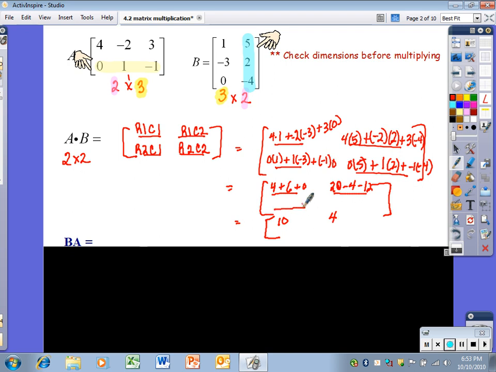And then I have 0 minus 3 plus 0 is a negative 3. And finally, 0 plus 2 plus 4 is 6. So my resulting matrix is 10, negative 3, 10, 4, negative 3, 6.